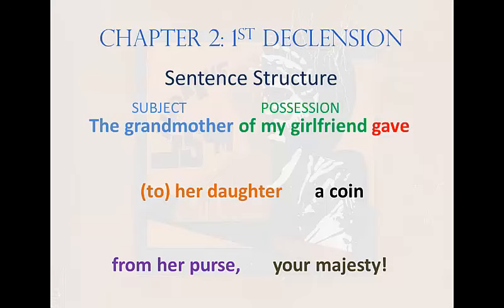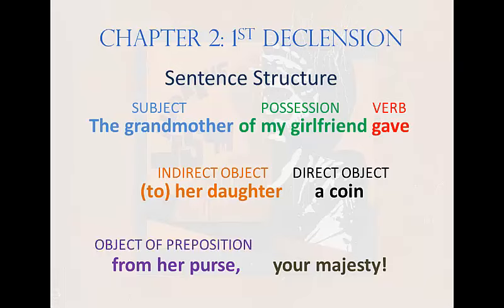Of my girlfriend shows possession. Gave is the verb. Her daughter, which could also be expressed as to her daughter, is the indirect object. A coin is the direct object. From her purse is a prepositional phrase consisting of from plus its object purse. And finally, Your Majesty is a direct address.